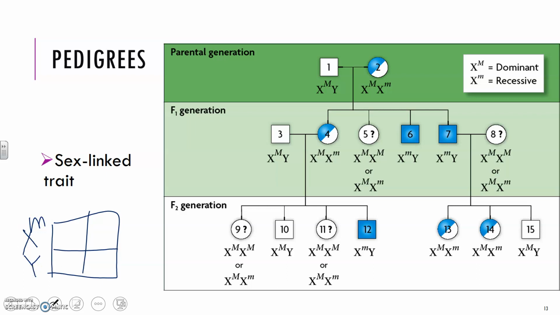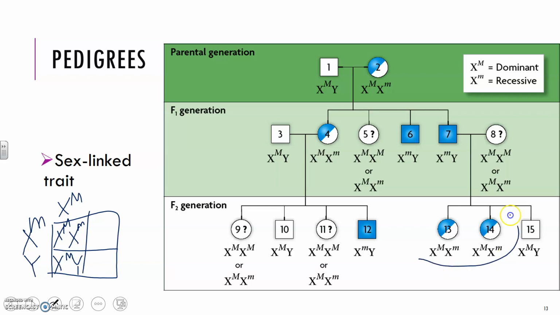And we know that their kids, they can produce at least one female that is a carrier. So we know that this one has to be capital M. We know that at least one male does not have the disorder.